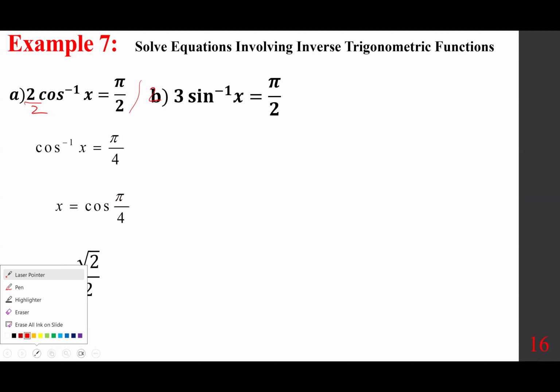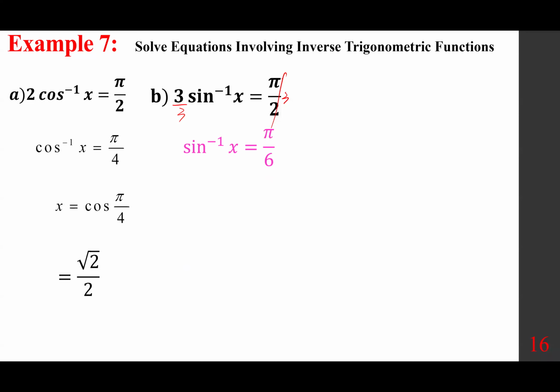Let me just erase my work. Part B, 3 sine inverse of x equals pi over 2. The very first thing we do, divide by 3. So the left side becomes sine inverse of x. The right side, pi over 2 divided by 3 is pi over 6.